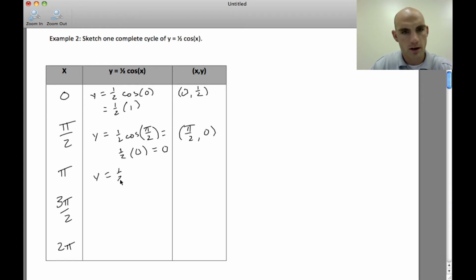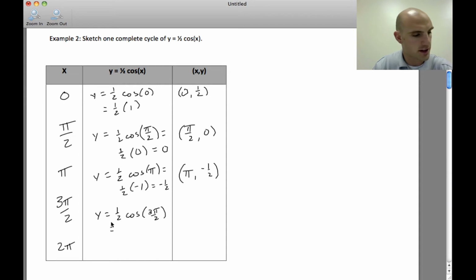Y equals 1/2 cosine of pi. Looking to my unit circle, I have 1/2 of negative 1. So my ordered pair is pi, comma negative 1/2. Y equals 1/2 cosine of 3 pi over 2. Once again, looking to my unit circle, I get that that's 0. So it's 1/2 of 0.